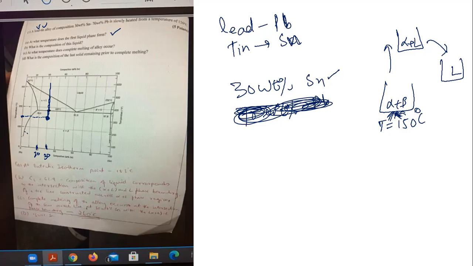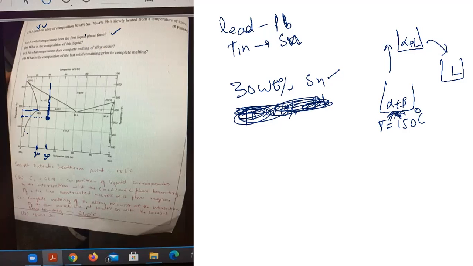Do you understand what I'm saying? Yes. So when you draw a horizontal line and connect this to the temperature axis, it is not only liquid, but it says the first liquid phase.